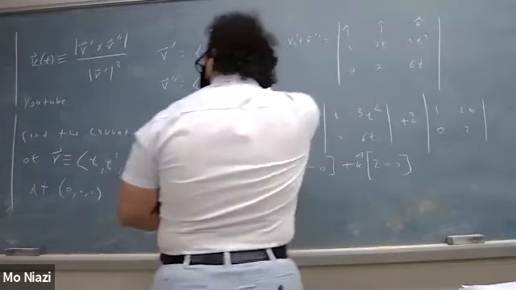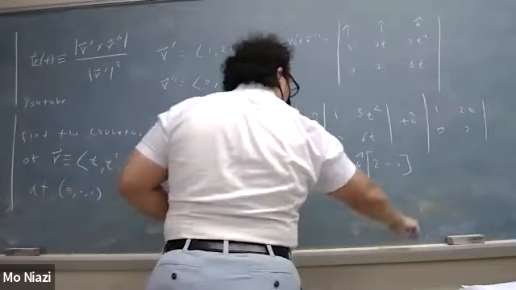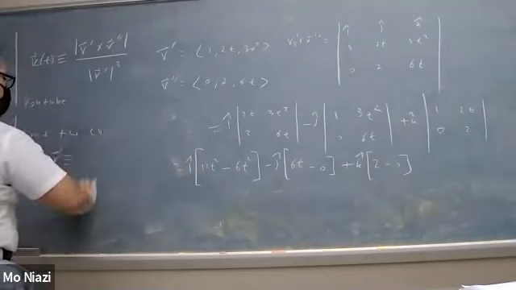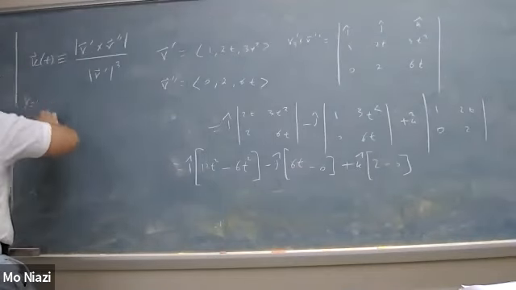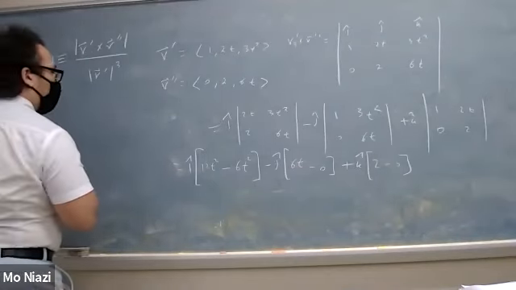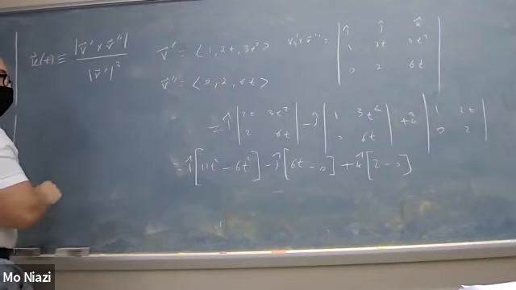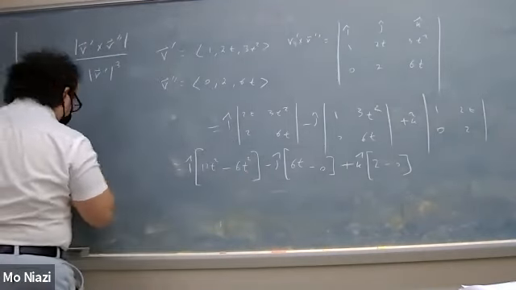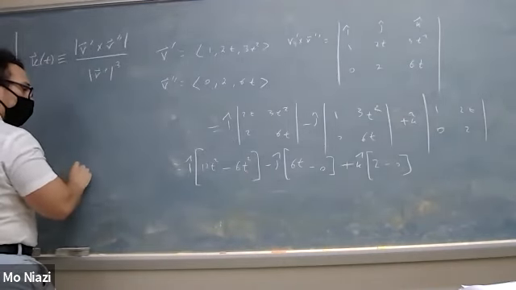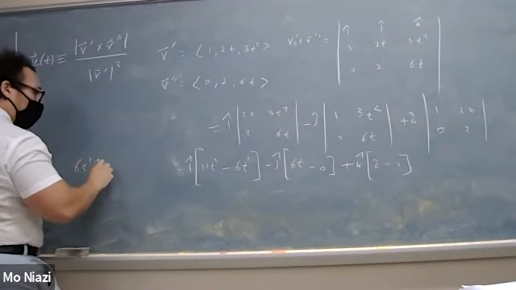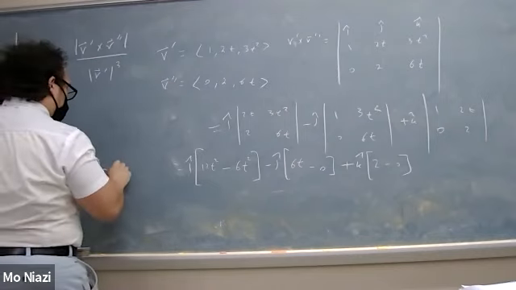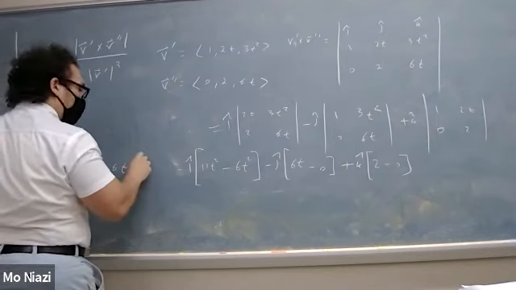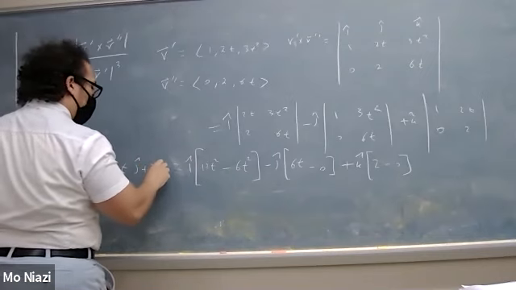Okay? And so this is equal to, over here, we combine like terms. So this becomes a 6t squared i hat minus a 6t j hat plus a 2k hat.